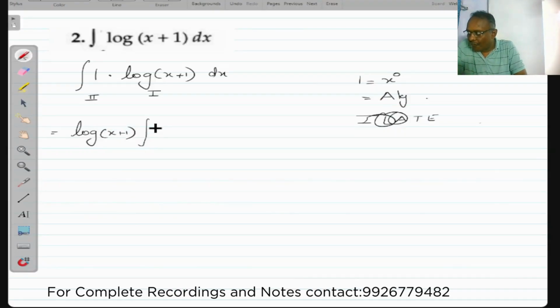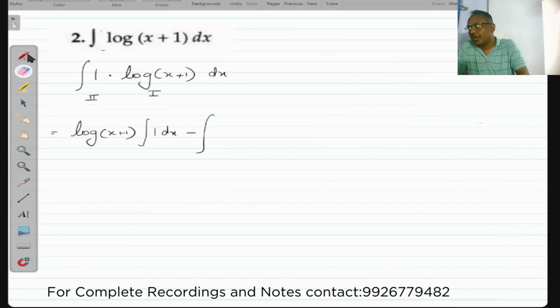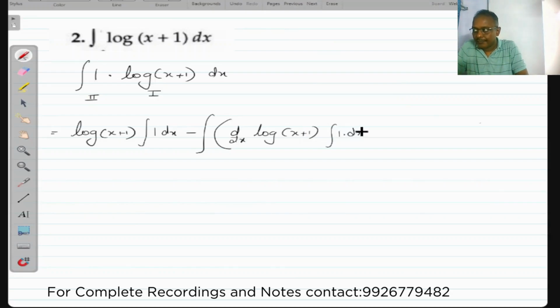The rule says first function, integral of 1, minus integral of, inside would be differential of first, differential of log x plus 1, integral of second, and a dx.